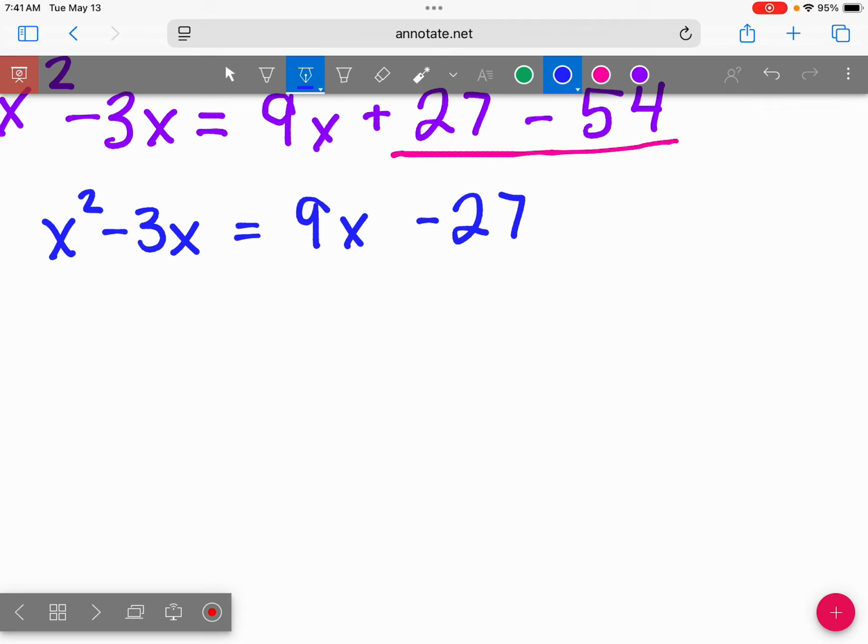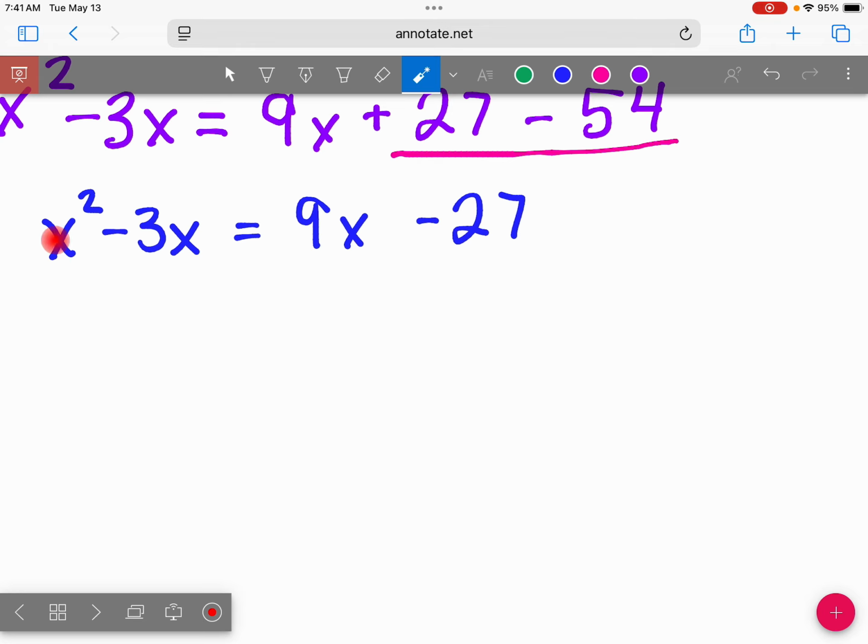And then we would subtract the x squared. In general, we want to try and keep our x squareds positive. So since we either have to move two things over here or two things over here, I'm just going to move everybody this way.